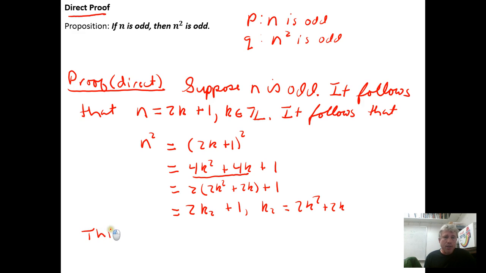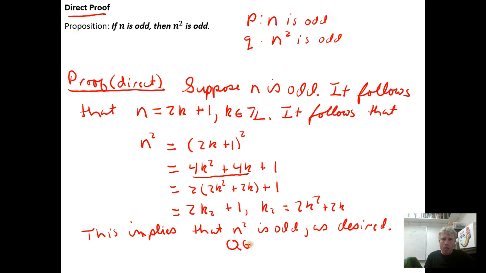So this result right here implies that n squared is odd, as desired. That's what we wanted to show. We wanted to show that if n was odd, n squared was odd. That proves the implication. So we end the proof now. QED, that which was to be demonstrated.